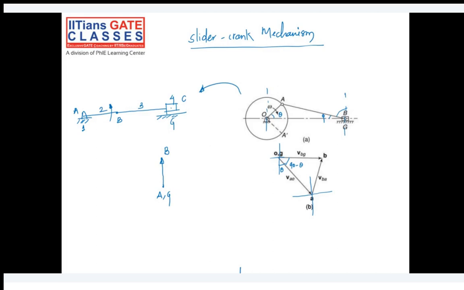If you practically think here, you will understand this is the extreme position of the slider. The slider cannot move in the right hand side direction after this. This is the end, right? So that's why the velocity of the slider at this location, or the velocity of BC, will be 0. Do you agree?